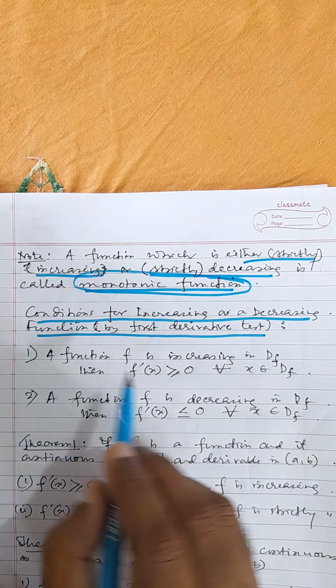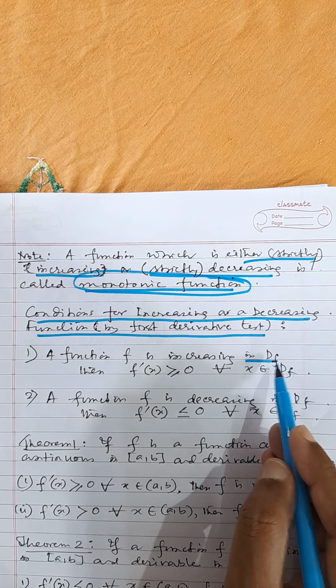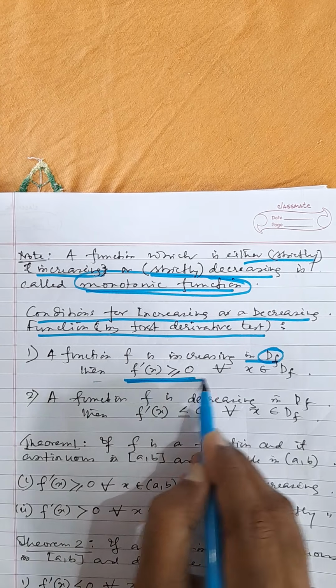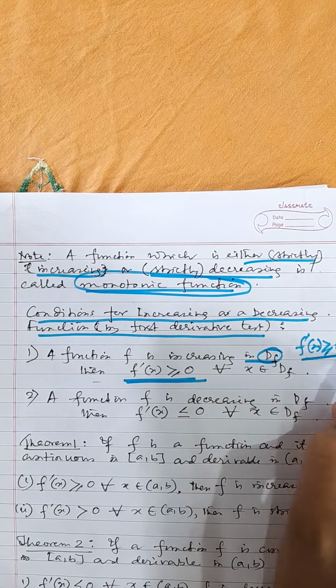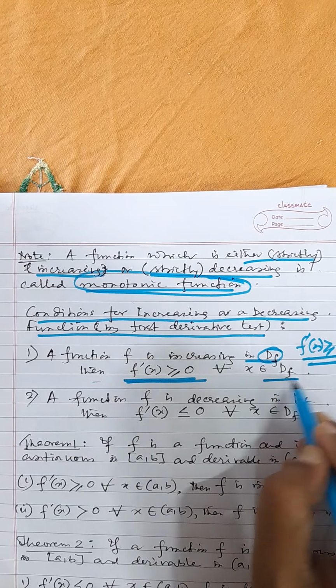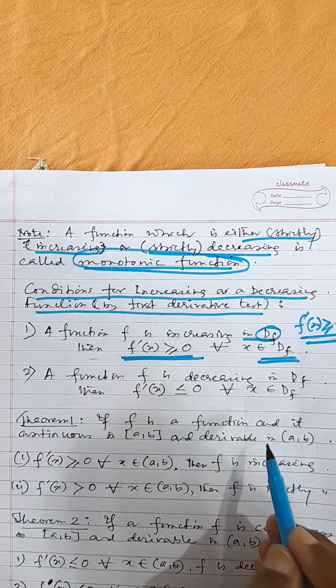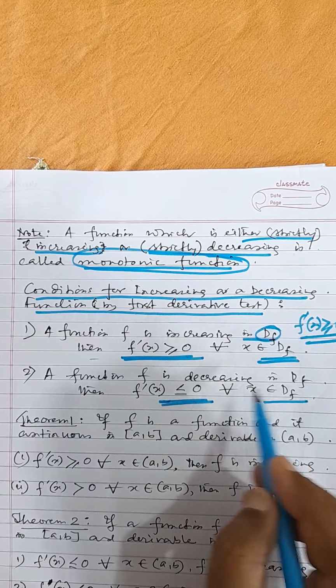test. A function f is increasing in the domain of f if f dash x is greater than or equal to 0 for all x belonging to the domain. Then the function is increasing. And if it is less than 0 in that domain, it is decreasing.